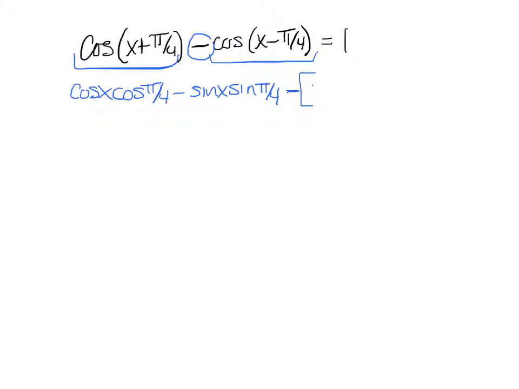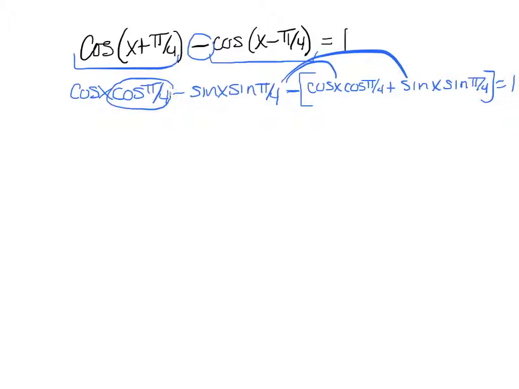So now it's going to be the cosine of the first thing, cosine of the second thing, plus the sine of the first thing, sine of the second thing, equals 1. So then I need to distribute that minus sign to both of them. I'm also going to simplify this a little bit for myself. Cosine of pi over 4 is root 2 over 2.